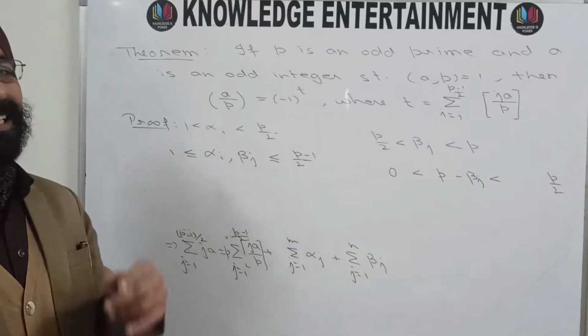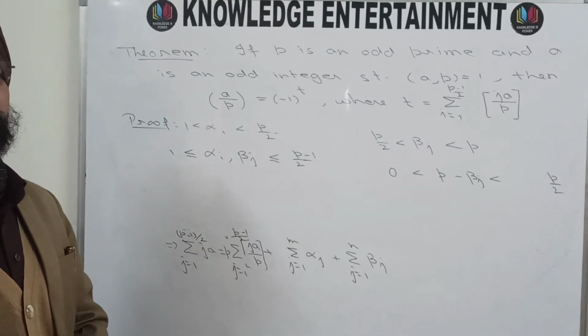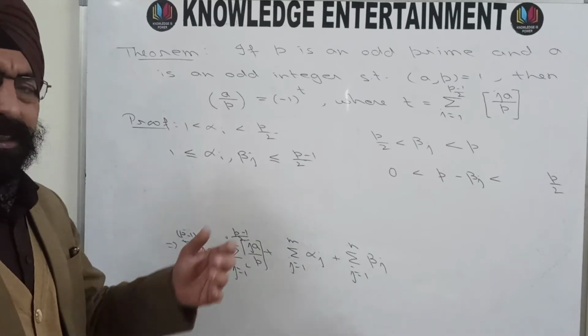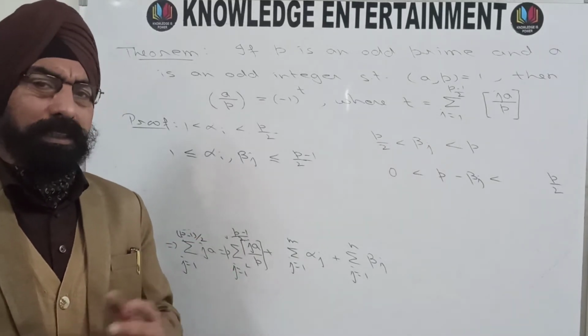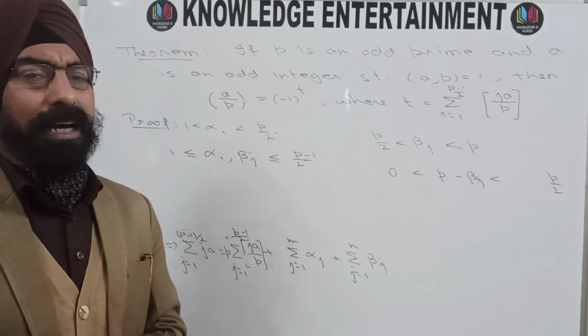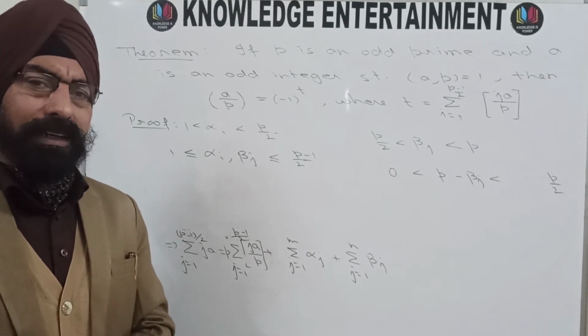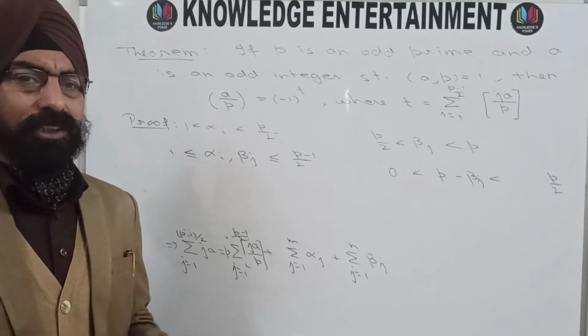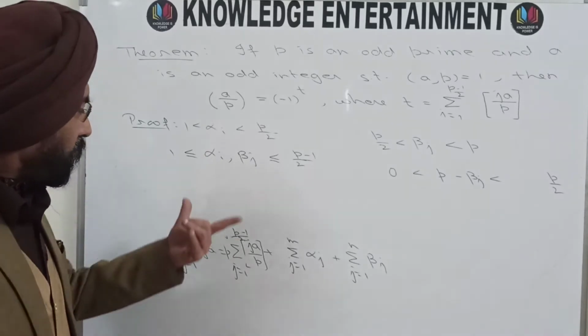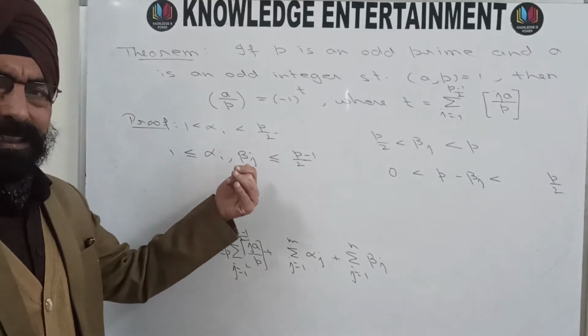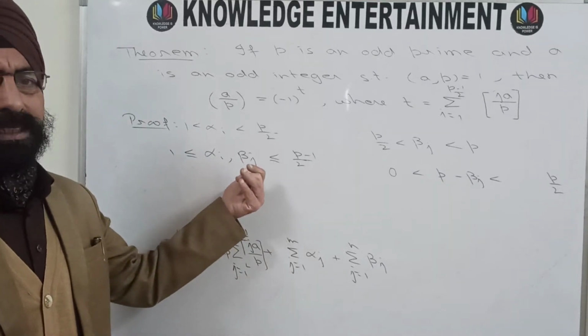No alpha i is equal to beta j, because if some alpha i is equal to beta j, that means p divides alpha i plus beta j, which is not possible because both alpha i and beta j are less than p by 2. So their sum is also less than p, and a number which is less than p is not divisible by p. We know it very well. So no alpha i is equal to any beta j.